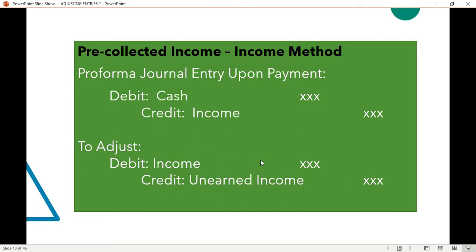You reduce the income because you had income at the start in the full amount, by the amount representing the unearned portion. So you debit income, then you recognize the liability, the unearned portion. So credit unearned income.